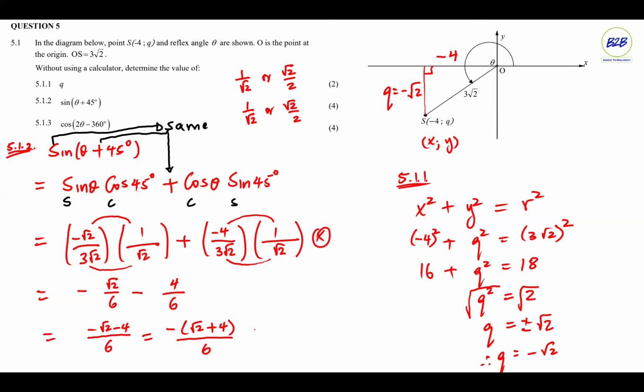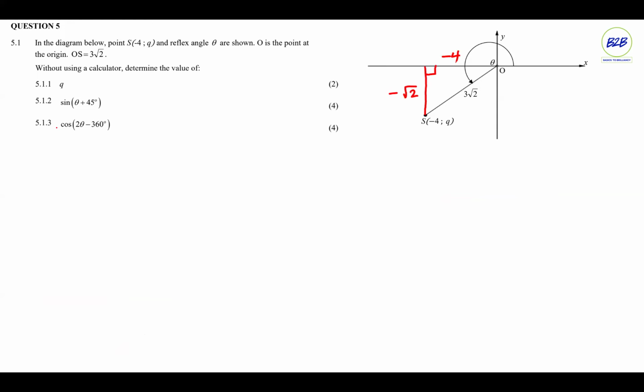All right, let us then go to the last question, 5.1.3. Here we have cos of 2 theta minus 360 degrees. Previously, we learned how to deal with a negative angle in episode 1.